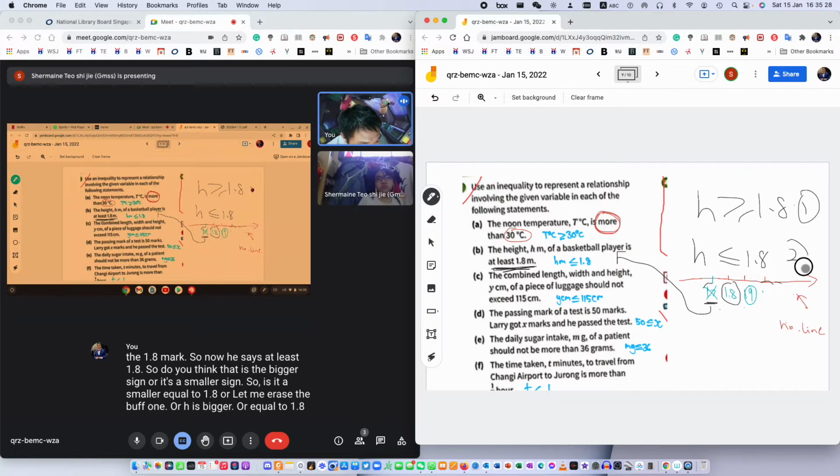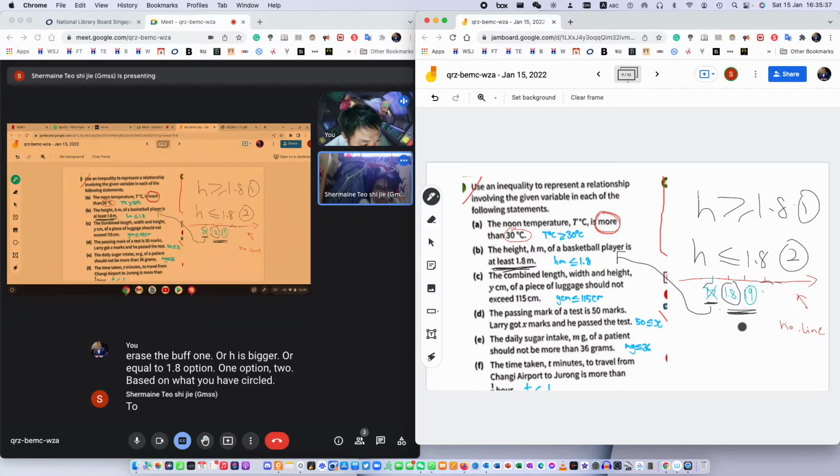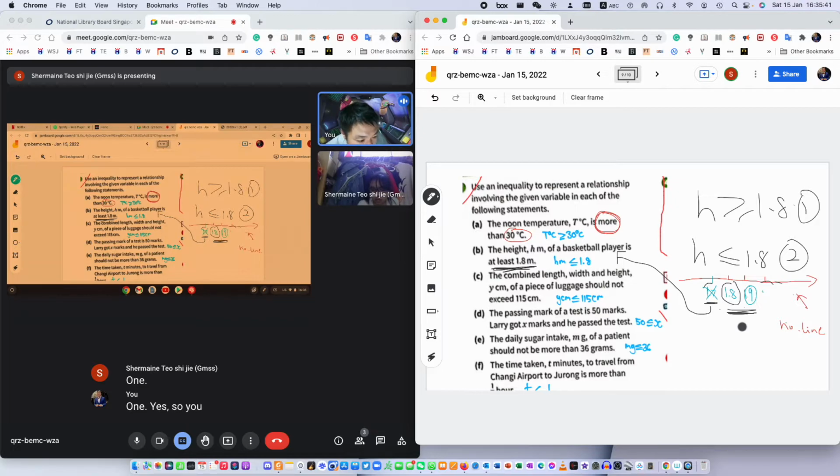Option 1 or option 2? Based on what you have circled. 1, yes. So you cross out option 2. So that's how you get your answer for part B.